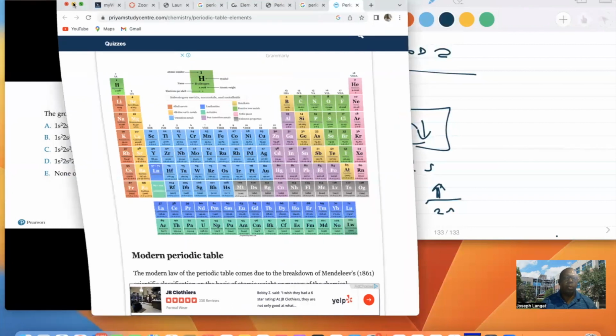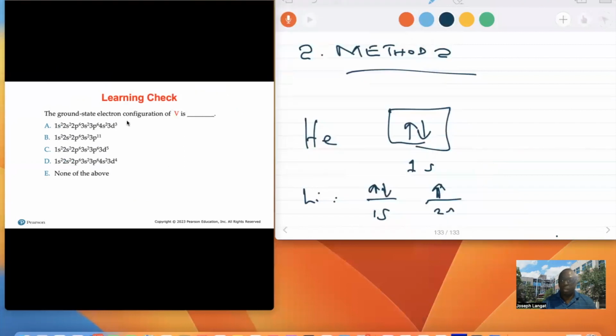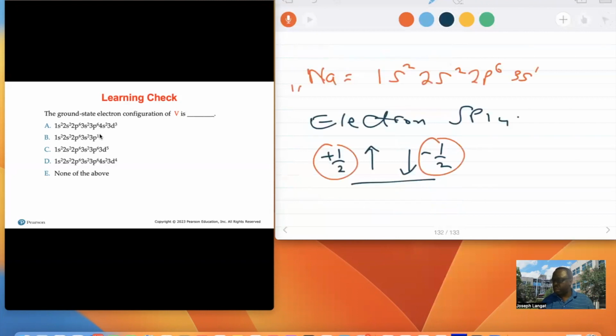You have to see which one has the electron configuration that, when you sum up in the correct sequence, gives you the total number of electrons. In this case, A is the correct answer.